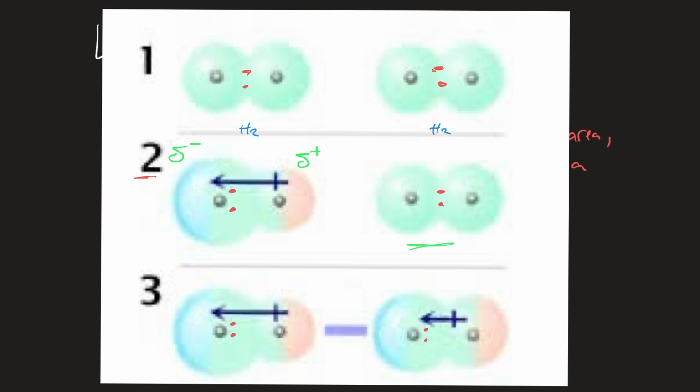Just like the first H2 molecule, where one side was partially negative and the other side partially positive, this happens here as well. You have a partial negative and a partial positive.